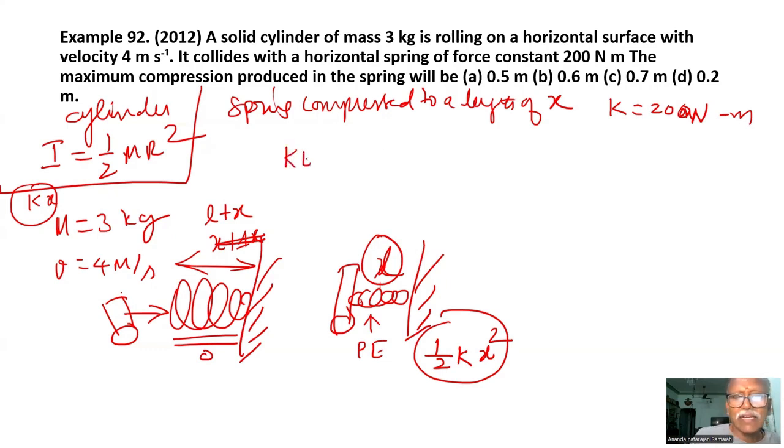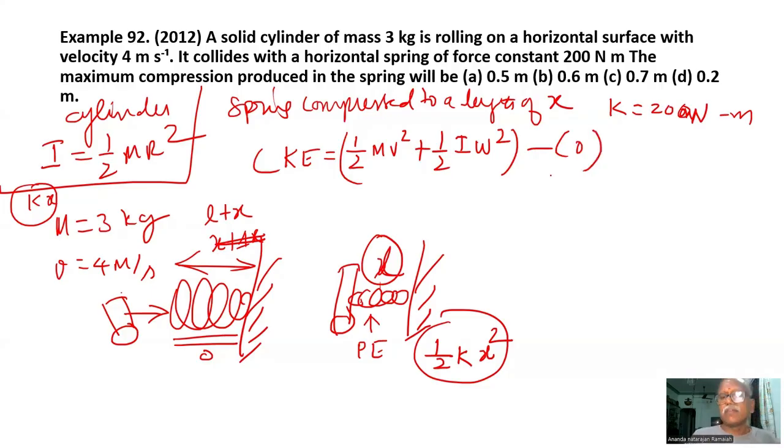Therefore, the final kinetic energy of the cylinder is 0. Initial kinetic energy is half m v square plus half I omega square. Change in kinetic energy is this minus 0, since finally it rests. This is equal to potential energy.